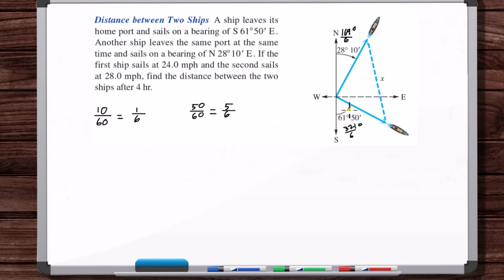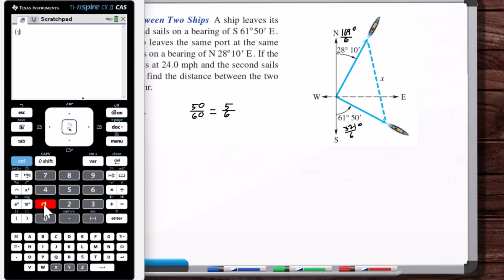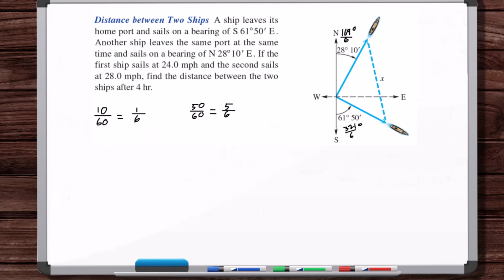Okay, now let's see what this angle is, because we know that this angle plus this angle plus this angle is going to be 180. So we can say that 169/6 plus 371/6 is 90. So that means this is a right angle.